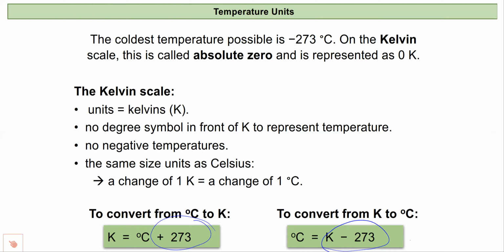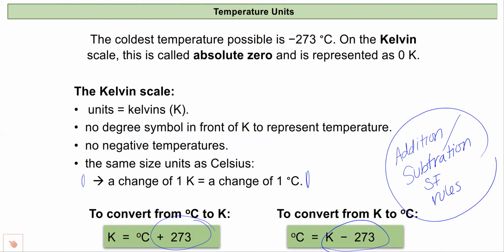That makes things a little easier because the change of 1 Kelvin and 1 degree Celsius is the same. We'll add or subtract 273 to convert between the two. This is why, when we are looking at significant figures, we have to rely on our addition and subtraction significant figure rules. Otherwise, we primarily use multiplication and division.